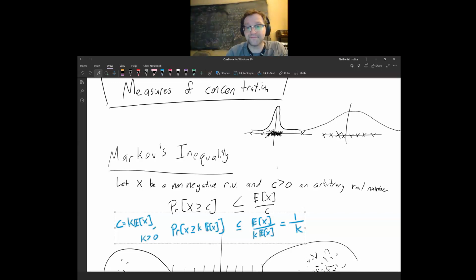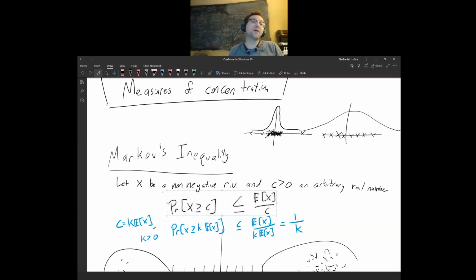All right. So Markov does this by relating probability to just the expected value, and that's it.